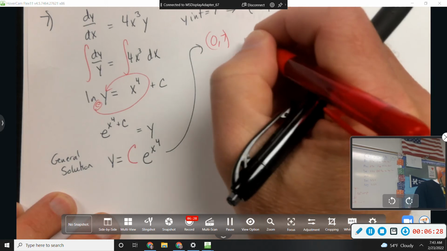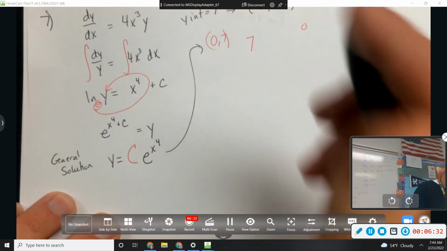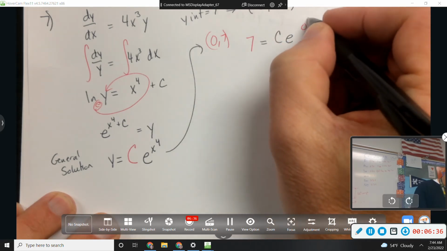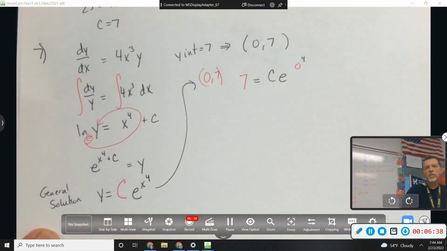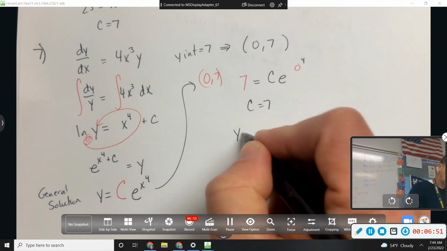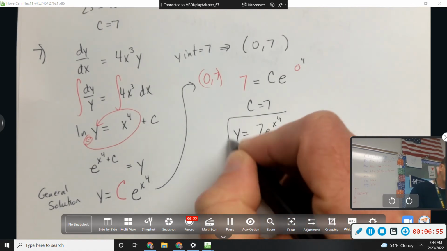So plug in (0, 7): 7 in for y, 0 in for x. They gave us a nice one to work with because e to the 0 is 1, so c is 7. So the answer is 7e to the x to the fourth.